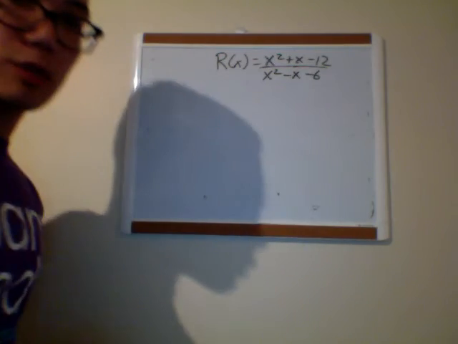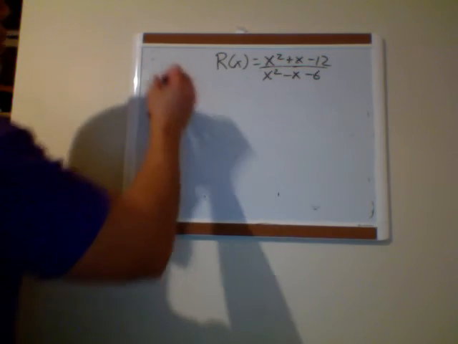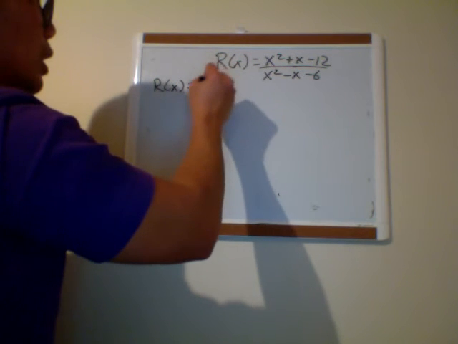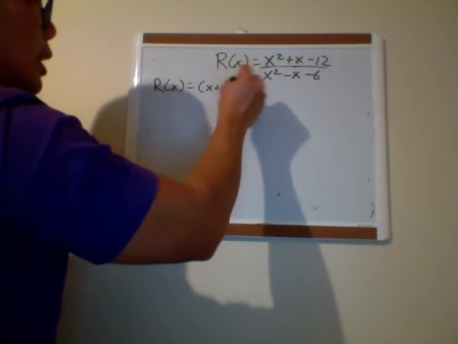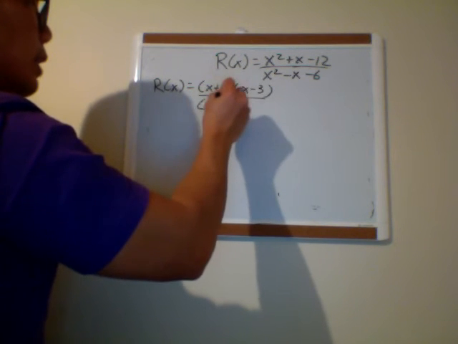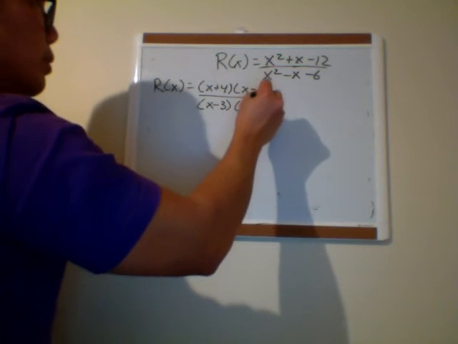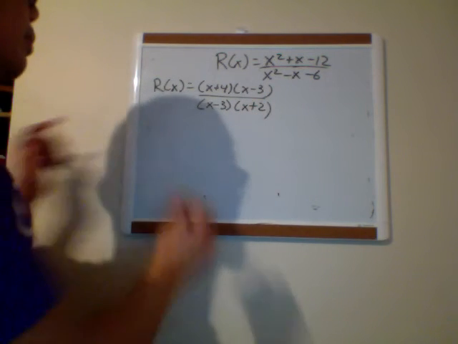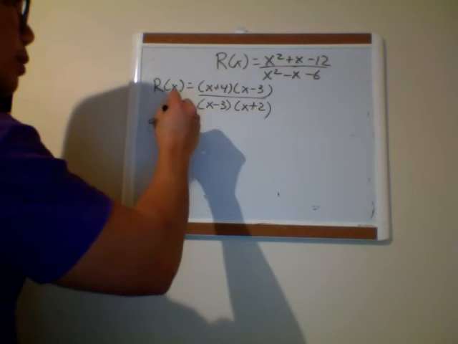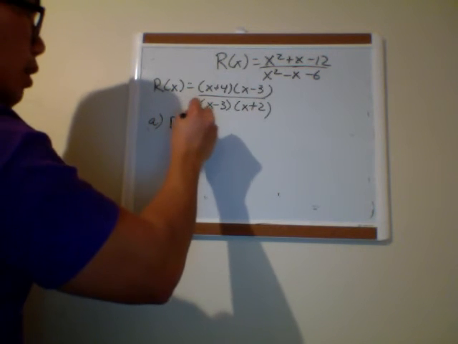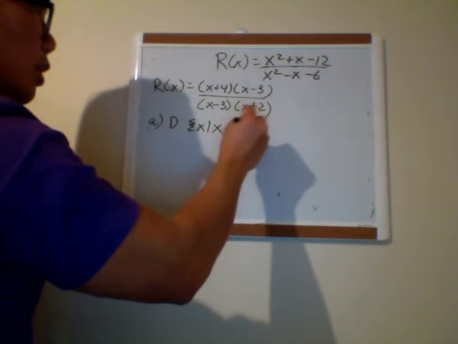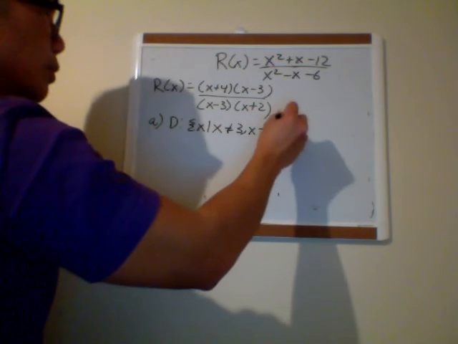So first thing we're going to do is we're going to factor it so we could get a simplified version. So r of x is equal to (x plus 4)(x minus 3). And then on the bottom, I'm going to have (x minus 3)(x plus 2). My domain for a, the denominator cannot be 0. So my domain is all x such that x cannot equal 3 and x cannot equal negative 2.